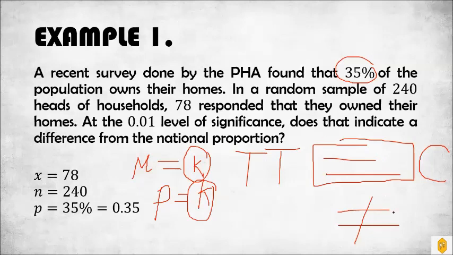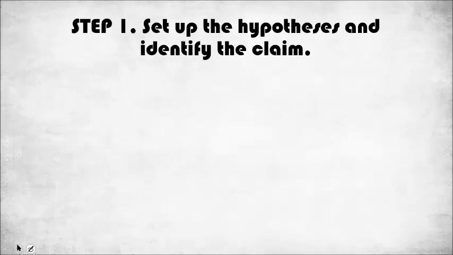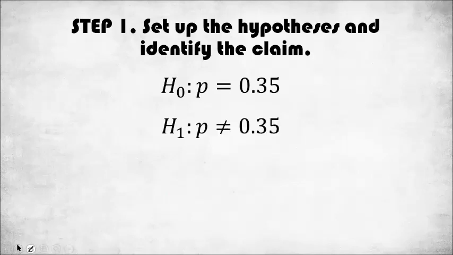Why? Again, because ang ating given population proportion based from the recent survey is 35% or 0.35. And then follow the step-by-step procedure. Set up the hypothesis and identify the claim. Meron pa din tayong dalawang hypothesis. H0 is the null hypothesis. H1 is the alternative hypothesis.